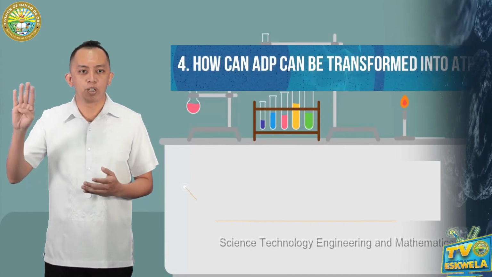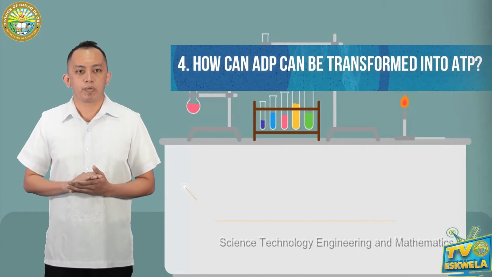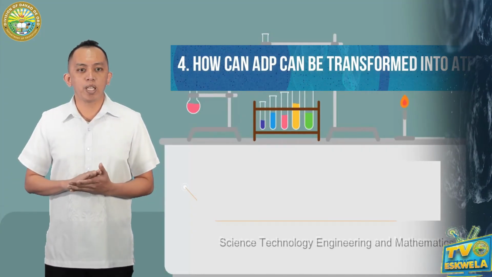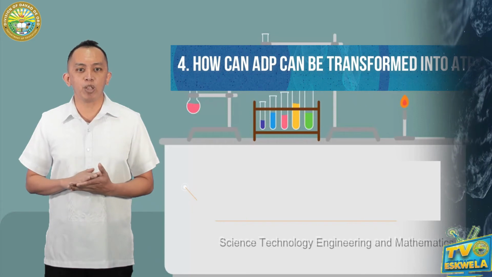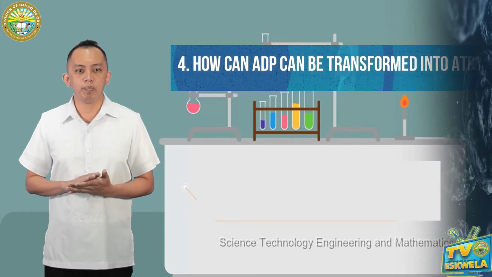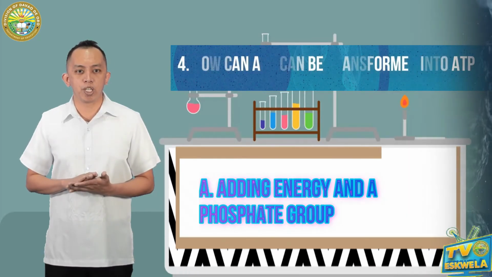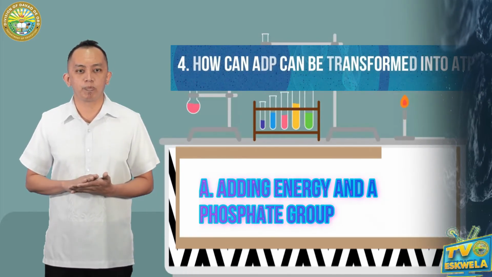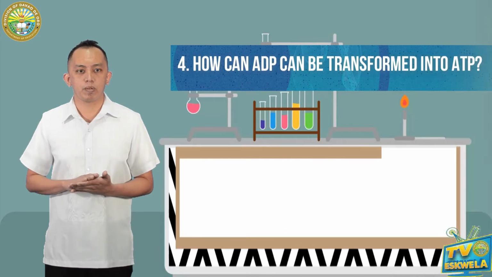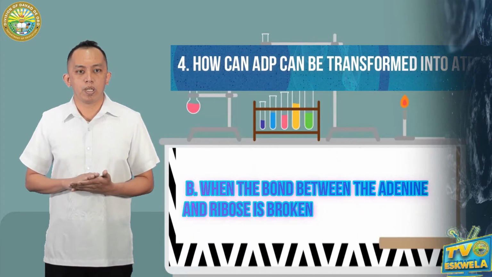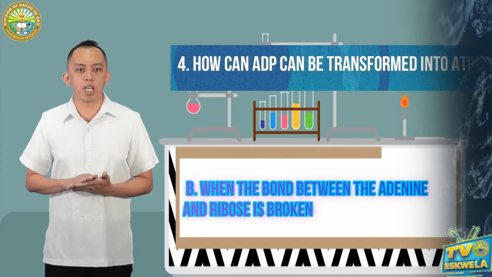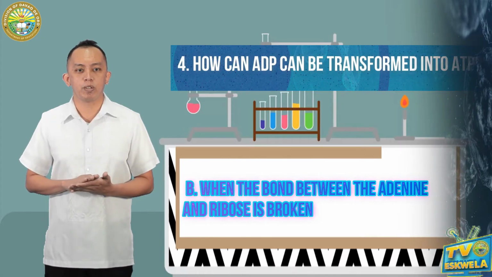Question number 4. How can ADP be transformed into ATP? Letter A, adding energy and a phosphate group. Letter B, adding energy and another ribose.